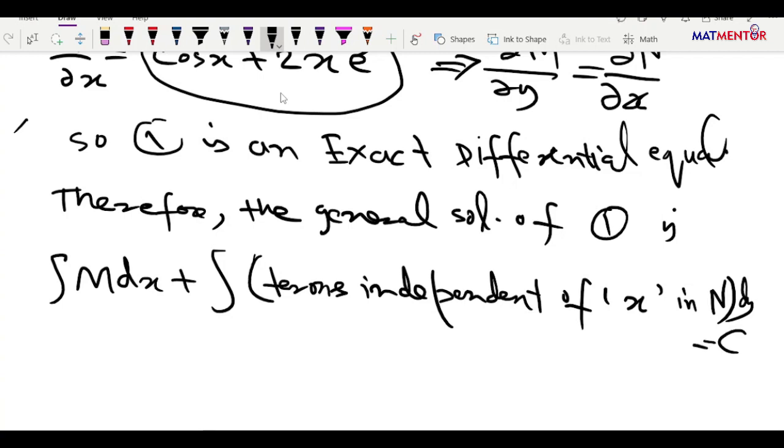This is the formula for the general solution of an exact differential equation.